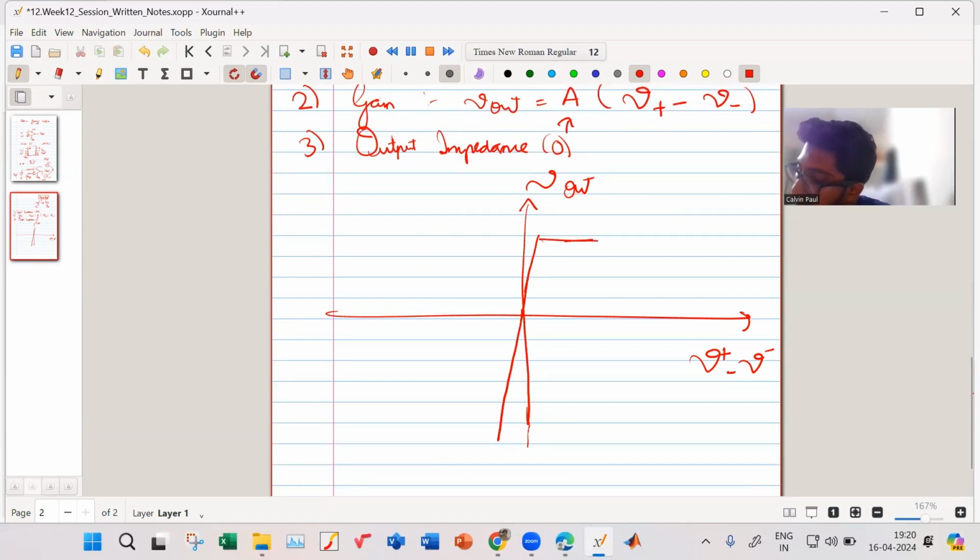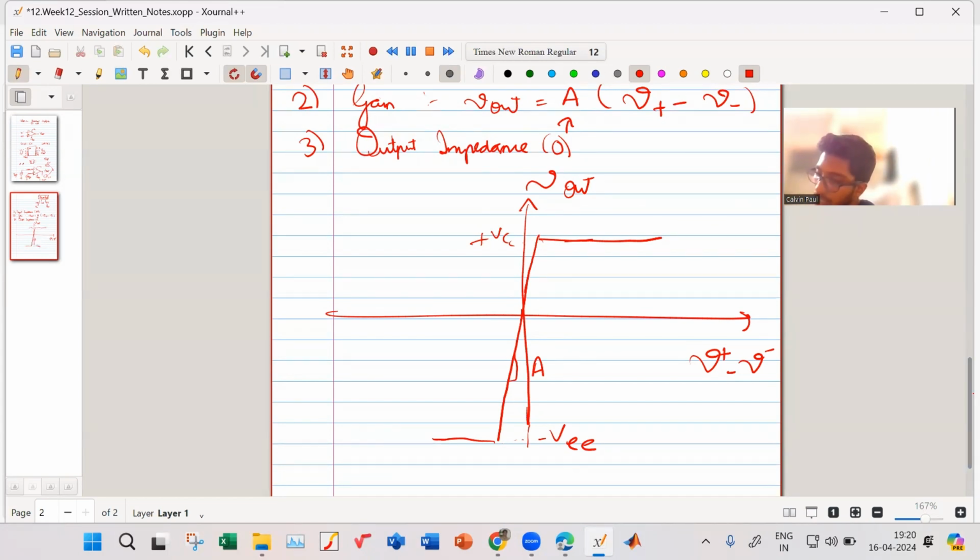So this is your plus VCC. This is your minus VEE. So ideally the gain of the op amp is infinity, but then there's this slope, and this slope is your actual finite gain. This is your finite gain. So if your A tends to infinity, then it will look something like this.